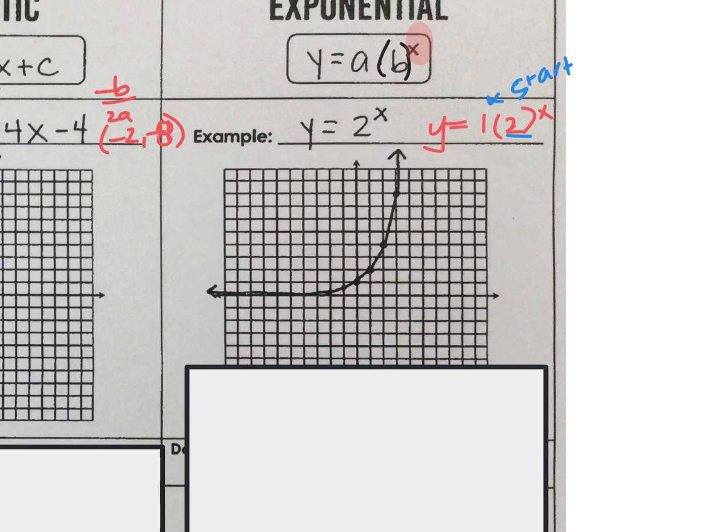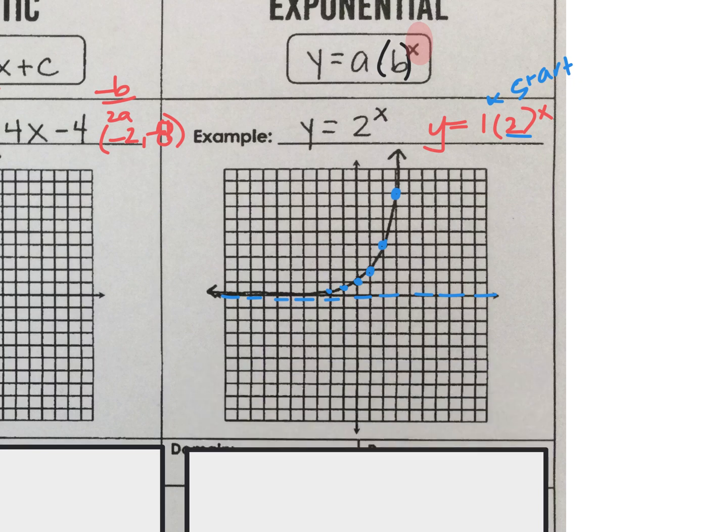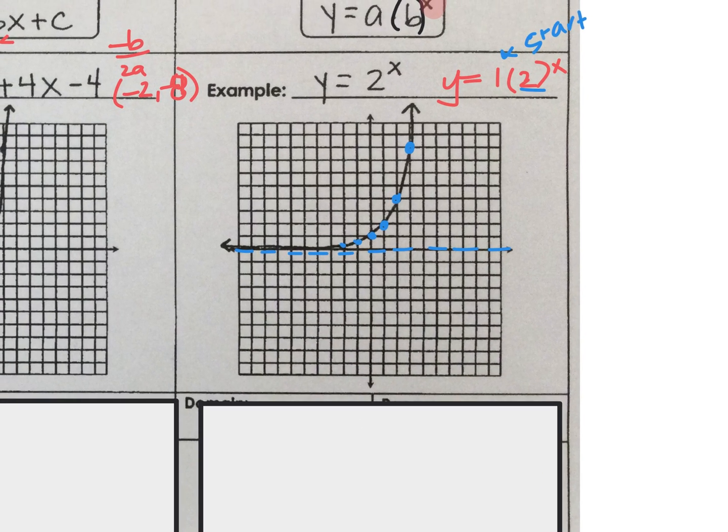So notice that is what's happened on the graph. They started at 1 here, and then they multiplied. This is at 2, and then at 4, and then at 8. And then we go backwards, we're at 1/2 and 1/4. Remember, these also have an asymptote line at 0, so they get close, but they never actually cross that 0 line.